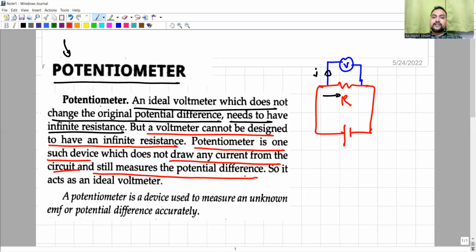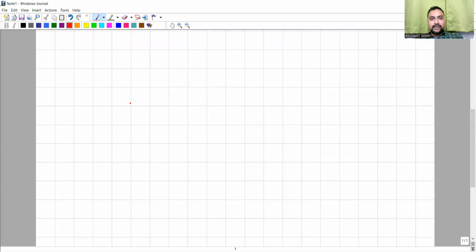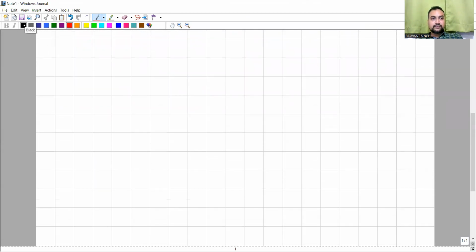So potentiometer in a sense acts like an ideal voltmeter. A potentiometer is a device which measures an unknown EMF or potential difference accurately. It will not take any current from the circuit and yet it will measure the potential difference.